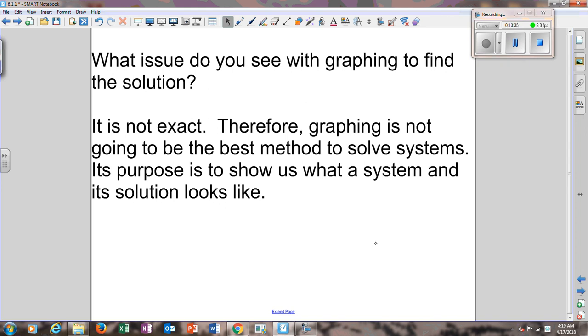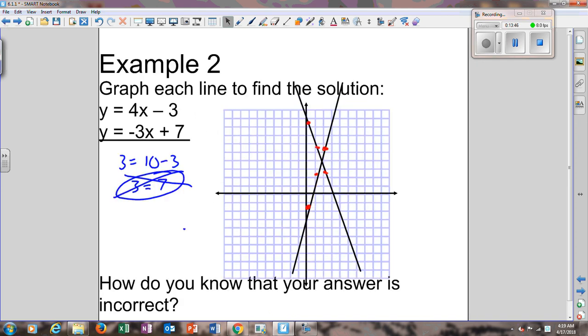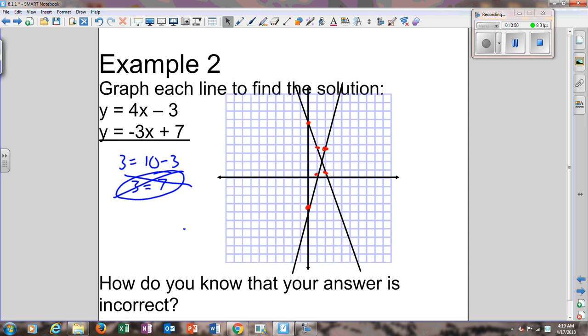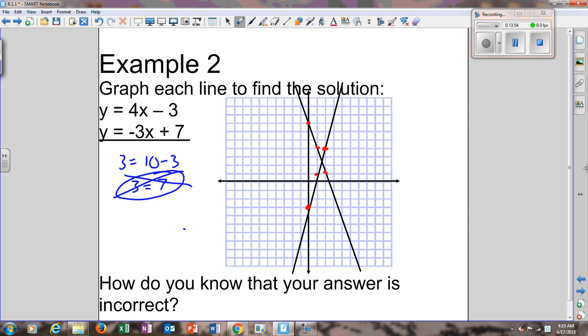Therefore, graphing is not the best method to solve systems. Its whole purpose is to show us what a system and its solution look like. So, in all cases, I'm going to want you to graph them, and then I'm going to want you to estimate. You can say 2.5 and 2.5.